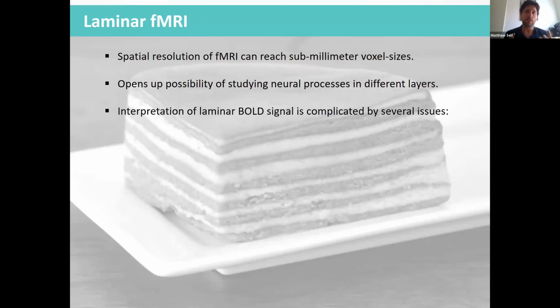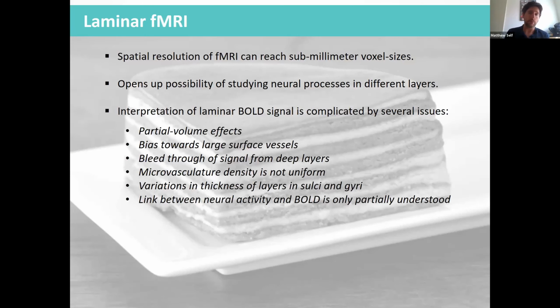However, there are a number of complications to analyzing laminar signals, and particularly laminar BOLD, which has been the main technique that's been used. So here's just a list of some of the difficulties in interpreting laminar BOLD signals. For example, although sub-millimeter voxel size is a technical feat, it's still not quite small enough to isolate signals from a single layer.